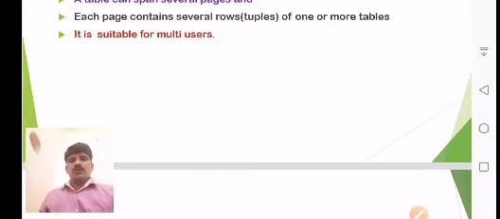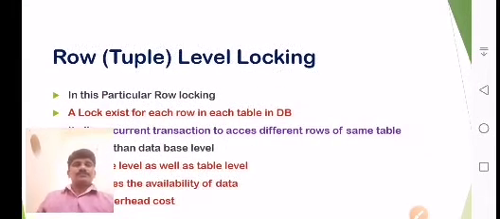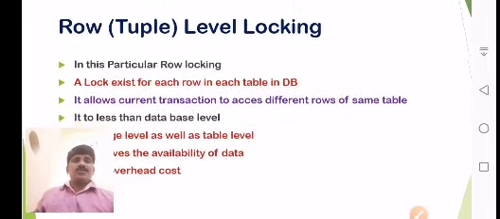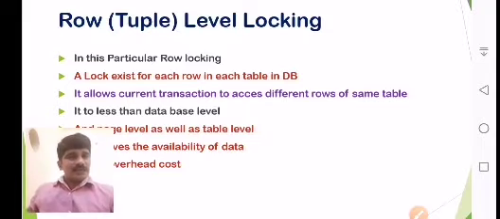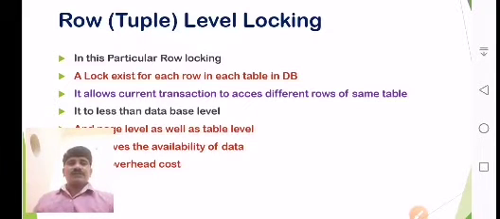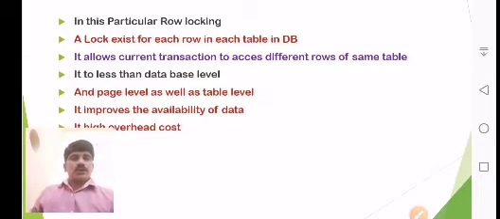Next one is row level locking. Row level locking is also called tuple level locking. In this, a particular row will be locked. We lock a single row. A lock exists for each row in each table in a database. It allows concurrent transactions to access different rows of the same table.